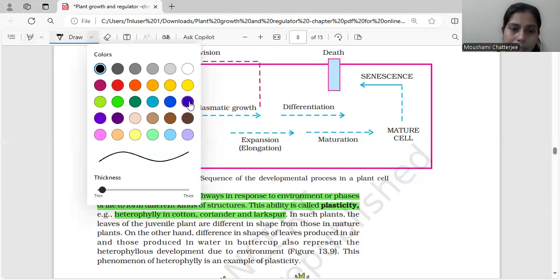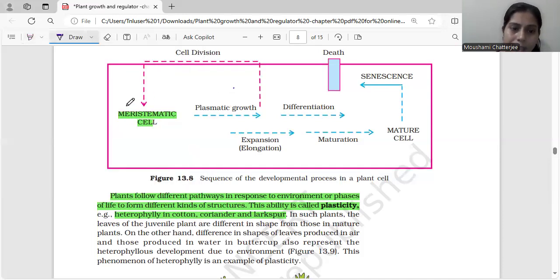What the diagram says over here is, you can see the meristematic cell. Meristematic cells will undergo differentiation, where you will find that the cell is forming a mature cell. Maturation, elongation, differentiation, plasmatic growth, all these things are going to happen. Cell division is going to happen and lead to the formation of a mature cell.